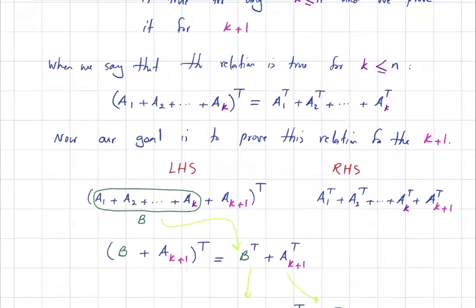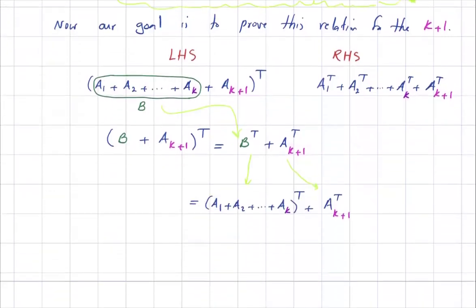Let me highlight this for you. We already know that the transpose of the summation of A1, A2 through Ak can be written as the summation of the transpose. So just substitute this down here.